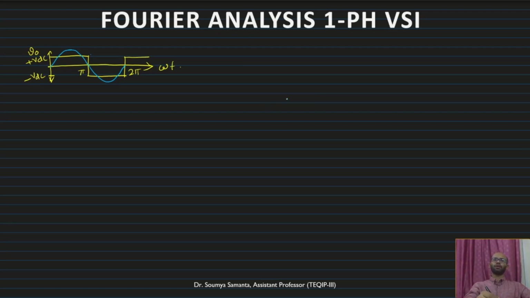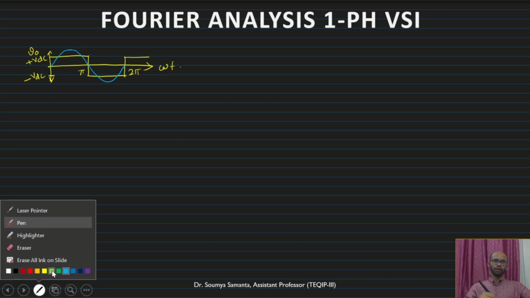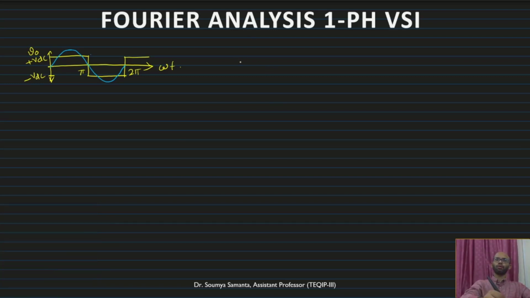Now what is the Fourier analysis? In this case, I am not going to go deep into the details of the Fourier analysis. I will just discuss those things which are required for explaining the inverter operation, the frequencies and magnitudes of different harmonics and the fundamental. So suppose this is V output of omega t, a function of omega t.